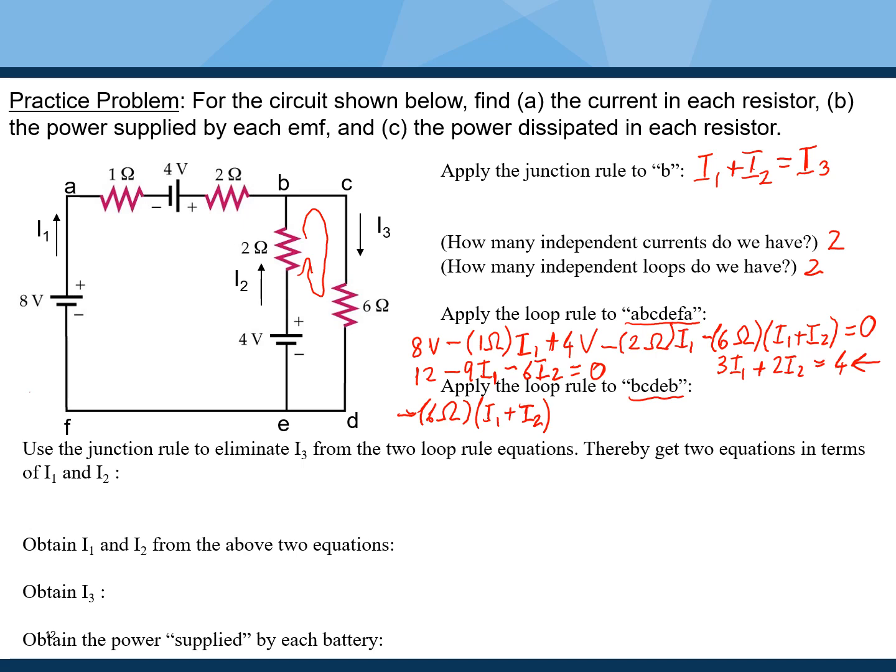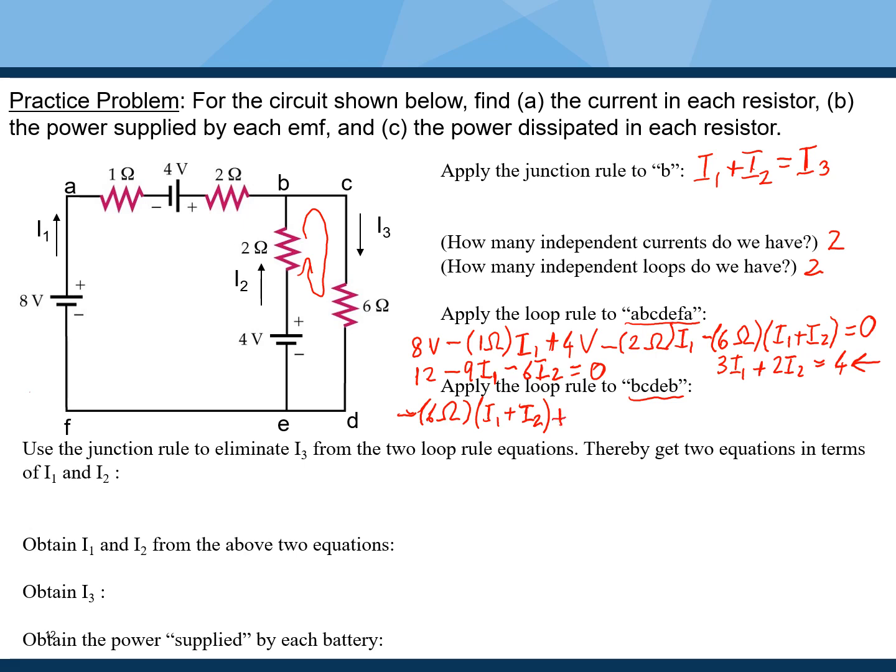Okay? Then we come down to the point D. From point D to point E, we can go without any voltage change, but then we're traversing the 4-volt battery as we go from E to B. We're traversing the battery in the conventional direction, namely from its negative plate to its positive plate.